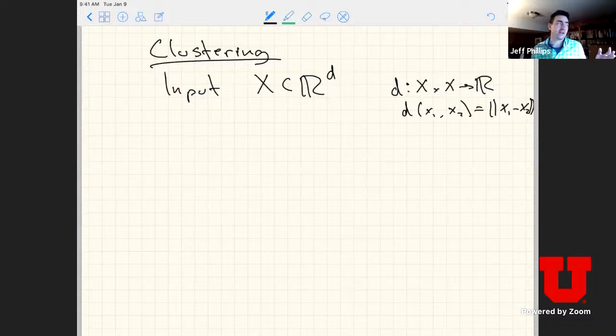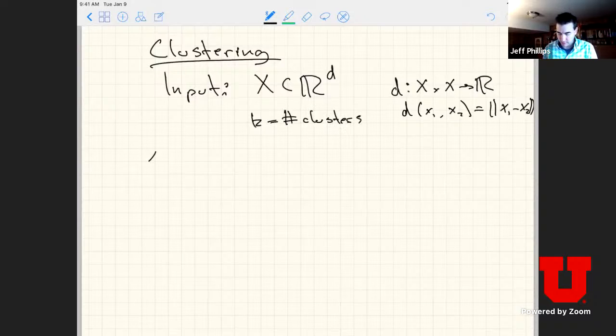You can think of it as Mahalanobis distance at some points, if you know what that is. If not, we'll just be scaling stuff a little bit with the mixture of Gaussians. So we'll get into that. But basically, the underlying distance we're assuming is the Euclidean distance here.